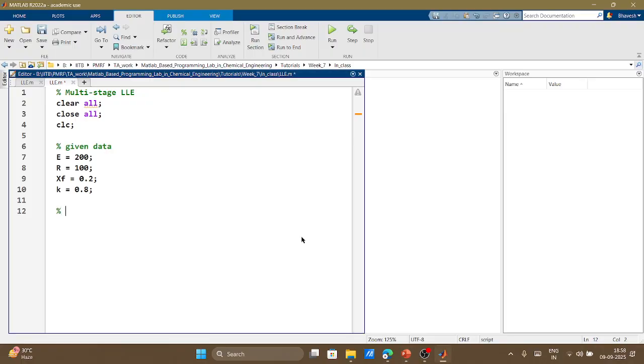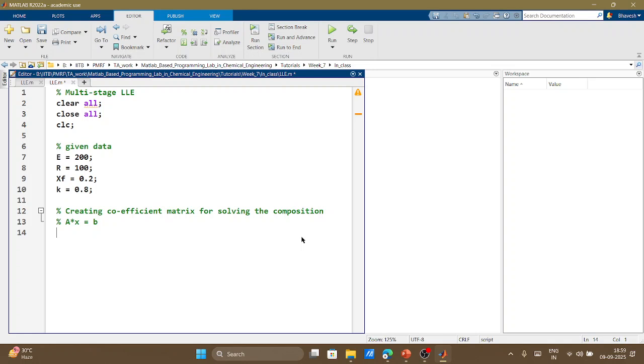Now creating the coefficient matrix for solving the composition. So what kind of matrix we will have? Here we have coefficient matrix A, my composition vector X, and the constant vector B, right?